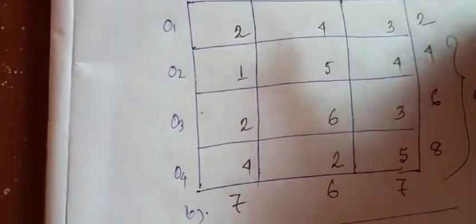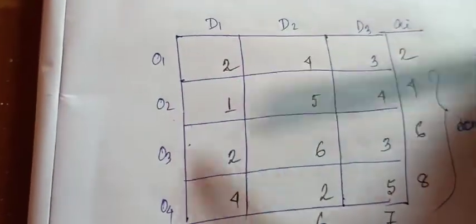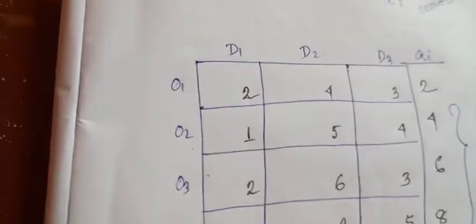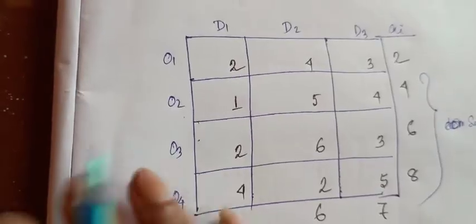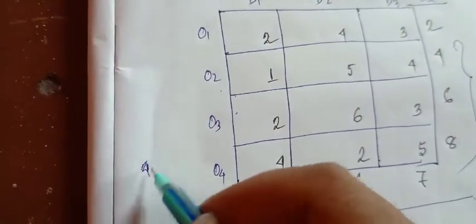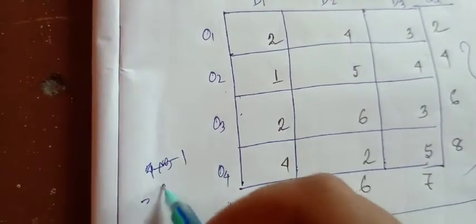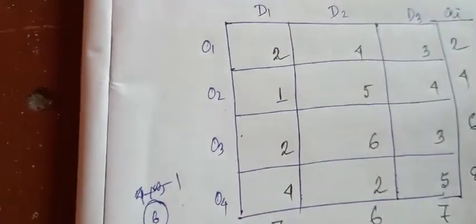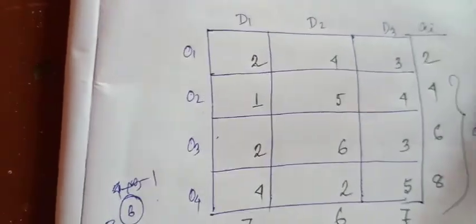So here the number will be 4 plus 3 minus 1, that is 6. Now the question is how can we solve it?